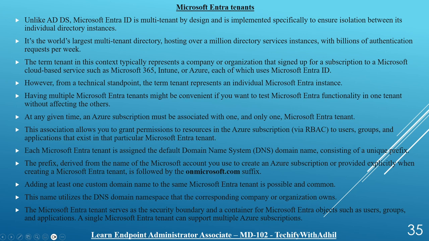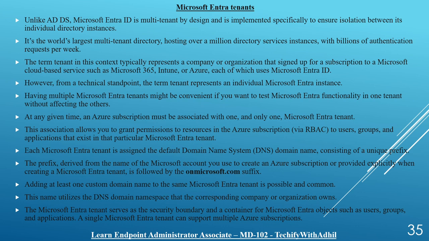So the account you use when creating the subscription is used as the default prefix, or you can still have a customized one. While you create the tenant, you can use that customized name as the prefix, followed by onmicrosoft.com as the suffix for the name of the tenant.